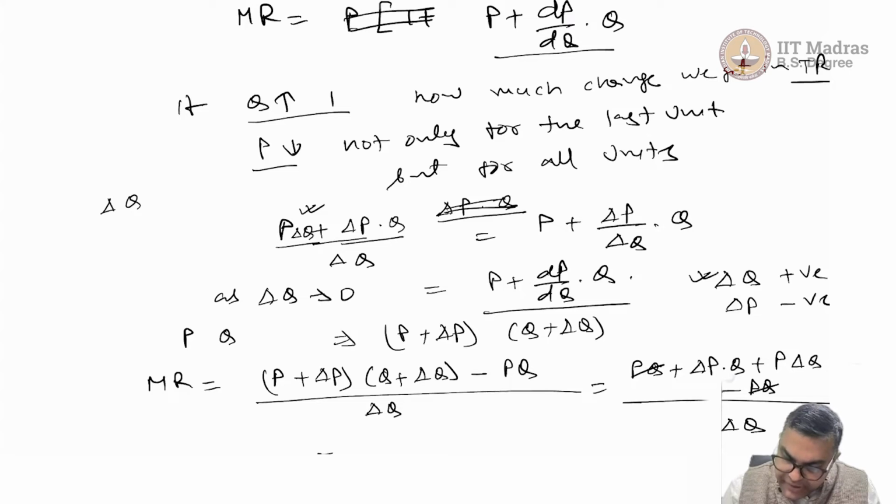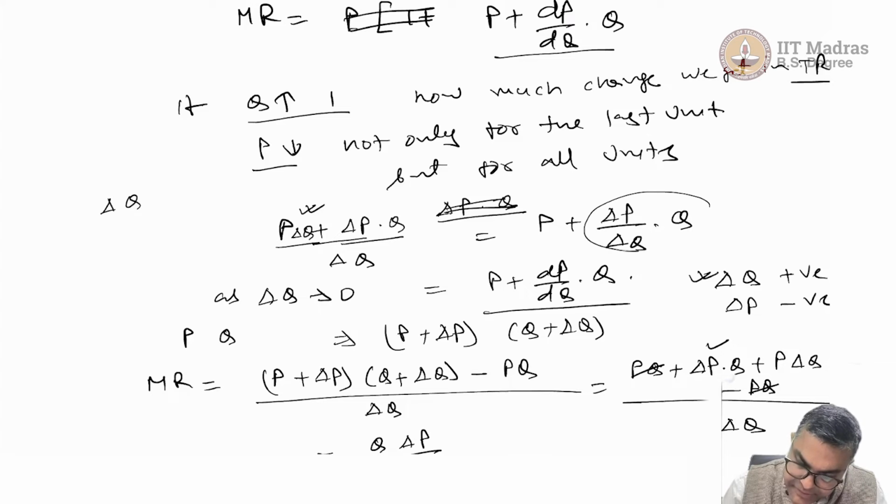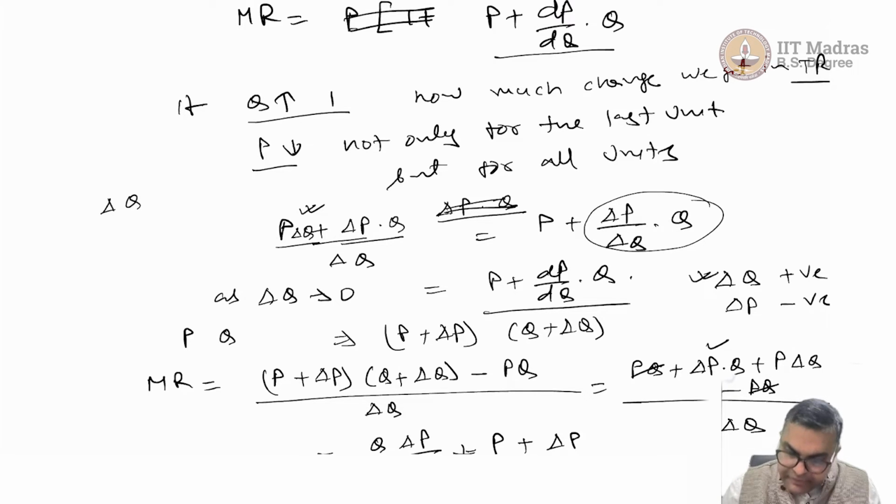From the first term we will get Q ΔP/ΔQ, exactly like this term. From the second term we will get P, since ΔQ and ΔQ cancel, and from the third term we will get ΔP. But this is an additional term that we were not getting earlier.